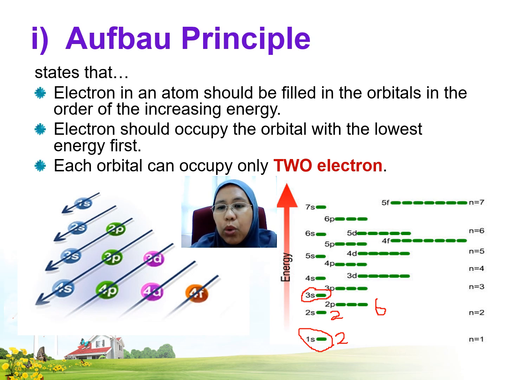So here we go. We already filled in the electrons according to the lowest energy level first. The lowest is 1s, followed by 2s, followed by 2p, and the last electron is at 3s. This is for sodium atom, which has 11 electrons.